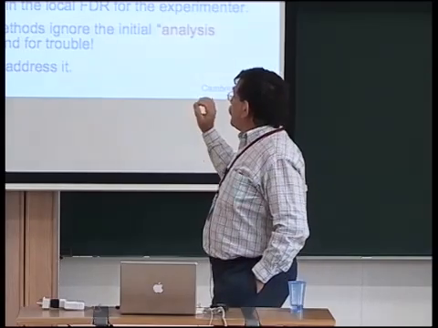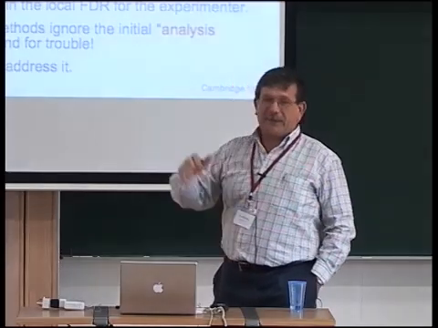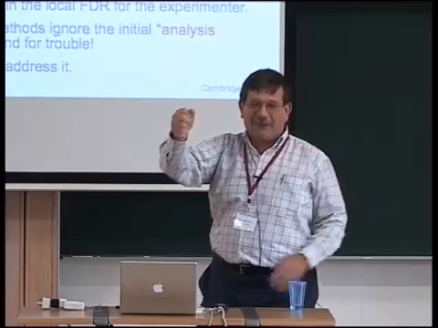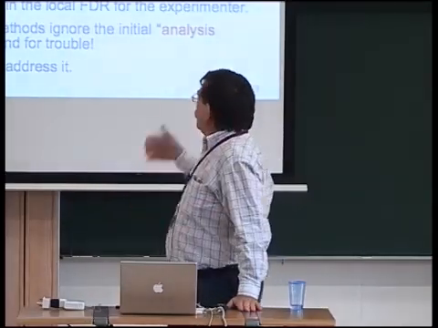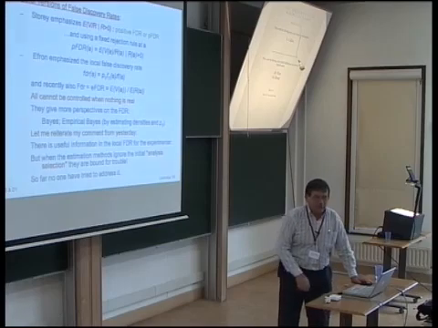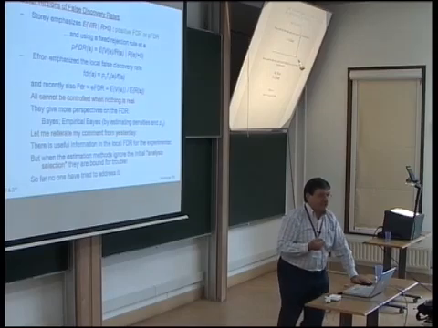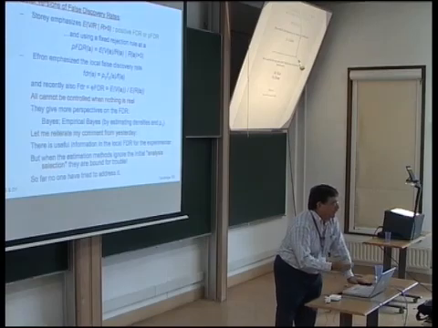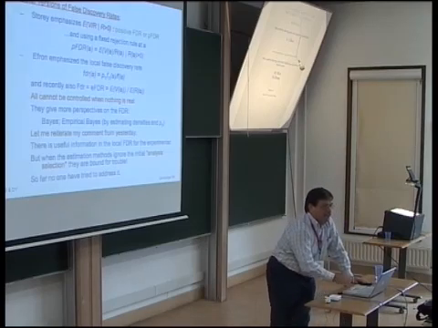But when the estimation methods ignore the initial selection, that is, the selection of genes, the signals that were selected for analysis, when it ignores that, you're bound for trouble. And so far, nobody has tried to address this selection prior to analysis, which is so common in all of these technologies, where there are a lot of problems. The problems tend to concentrate exactly where there is no signal.